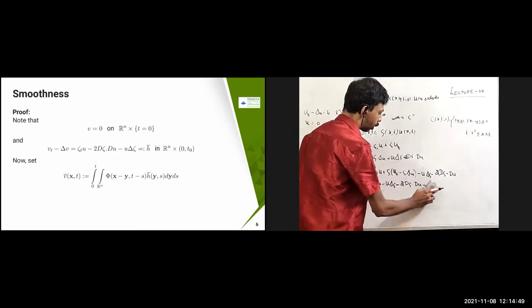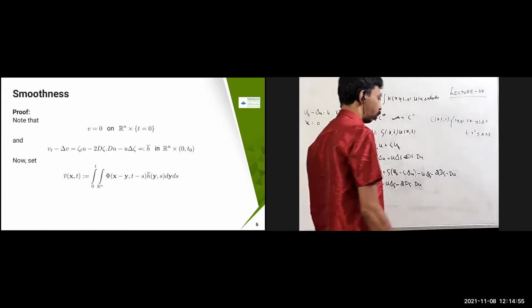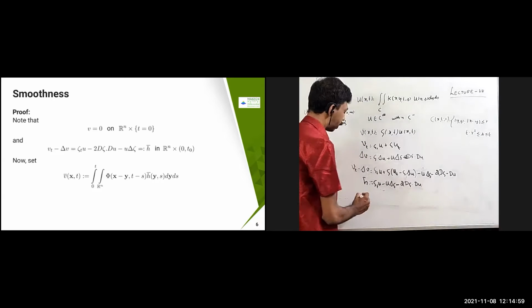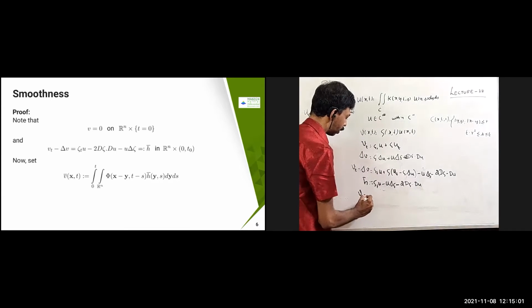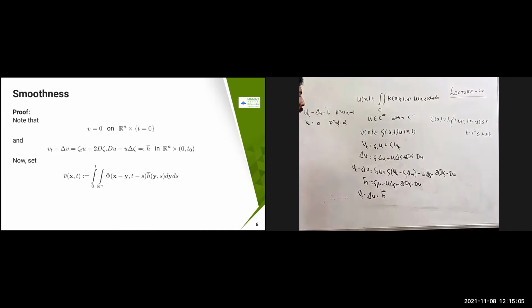So that is going to be h bar, I'm just defining h bar equal to this. Then v_t minus Δv is going to be h bar. Okay, this is going to satisfy. This v is not going to satisfy this one, but it's going to satisfy a different h, given this one, where h bar is this one.